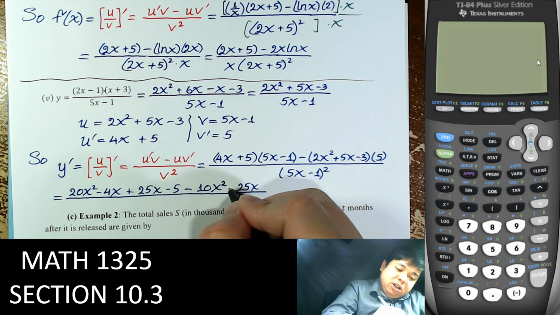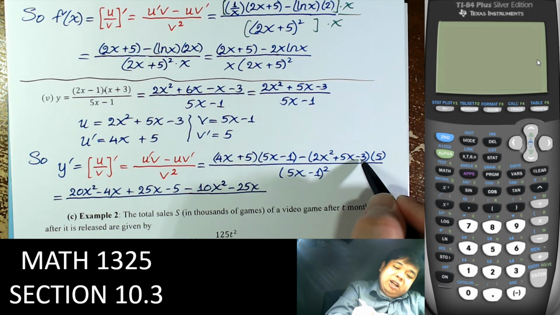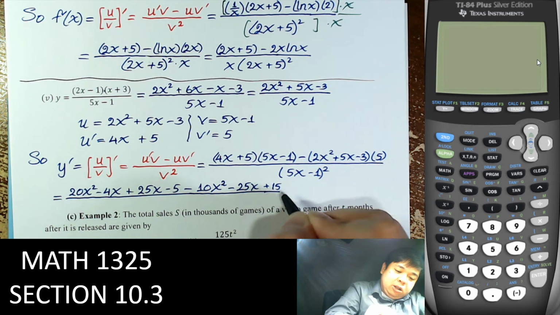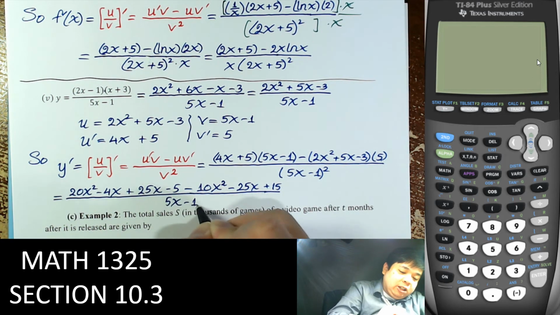But with the minus, like I said, be mindful with that negative. Negative 2 times 5 is negative 15, but with an extra negative, it's like a plus, over (5x minus 1) square.